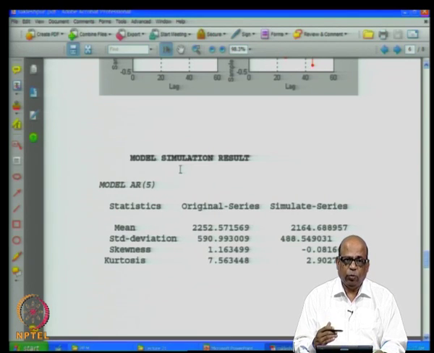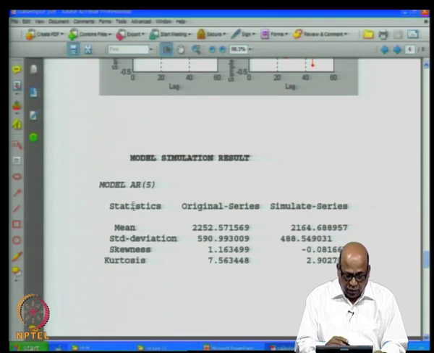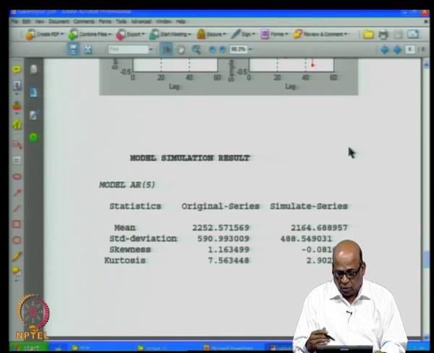Now, let us say we have chosen the AR5 model as the model to be used in this particular case study for long term simulation of data. So, we apply that model for let us say about 100 years, 150 years, we simulate the data and then compare the various statistics of the simulated data with those statistics of the original data.